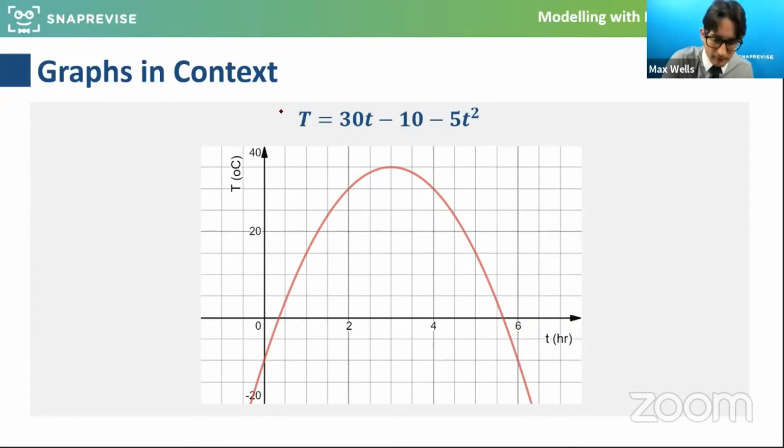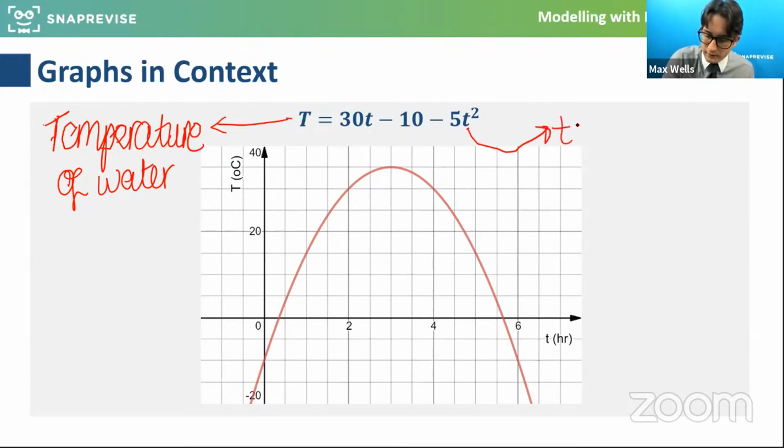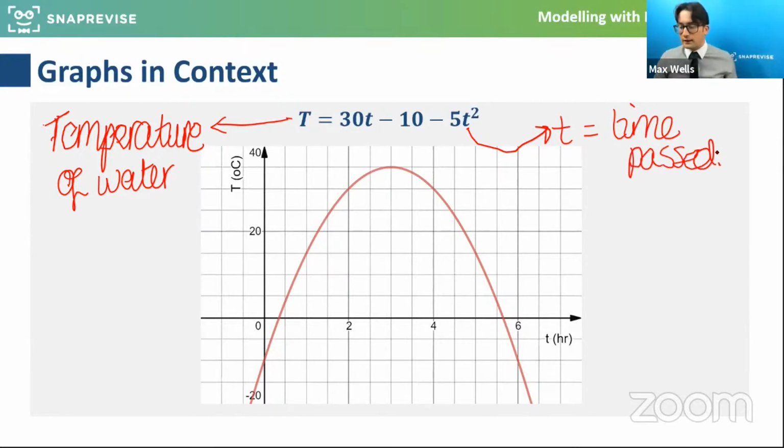So if we imagine capital T is the temperature of water, following this parabolic model, and lowercase t is the time that's elapsed while this model is being looked at, then we could look at the specific bits and what's going on here. What can you guys tell me? What sort of things can we interpret from this?